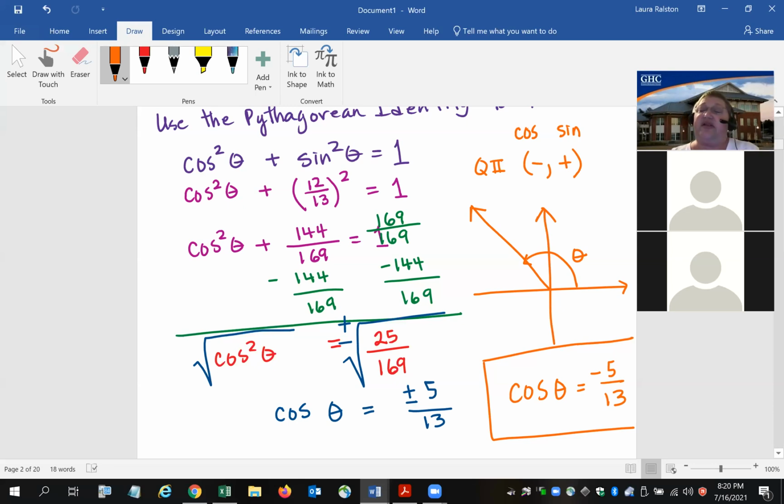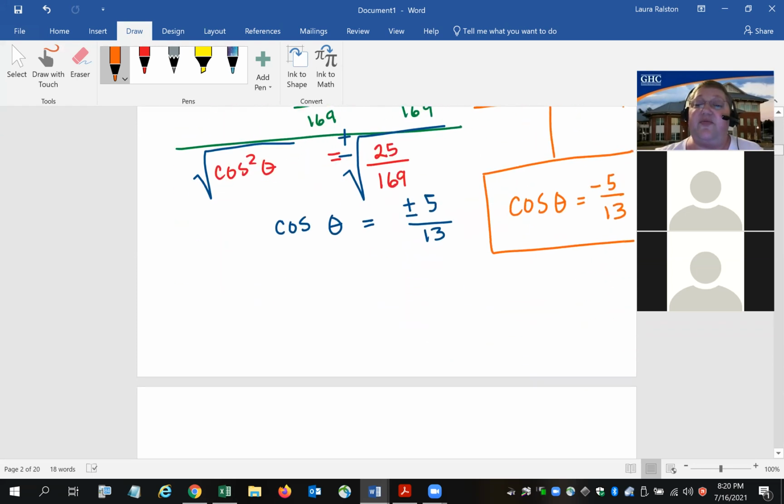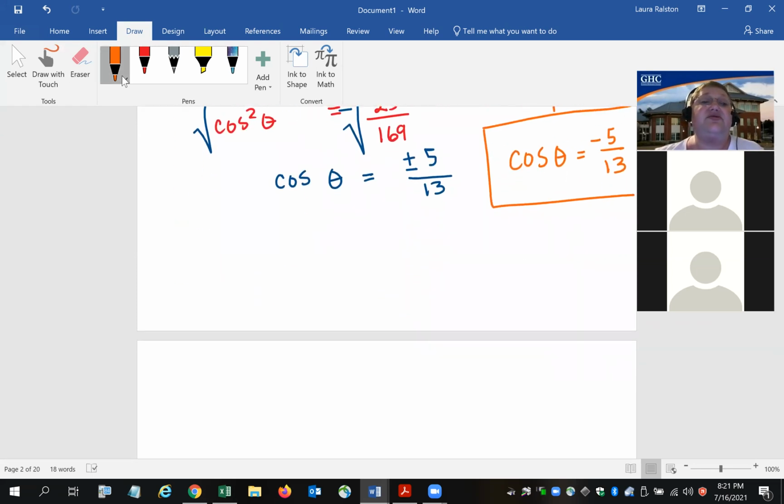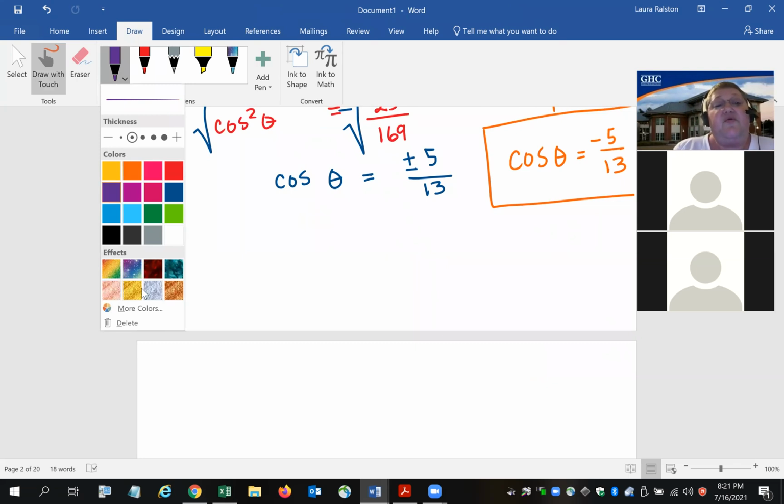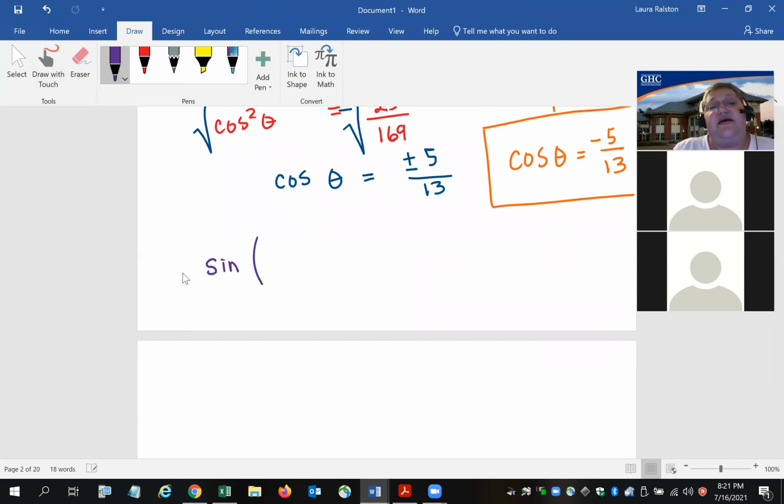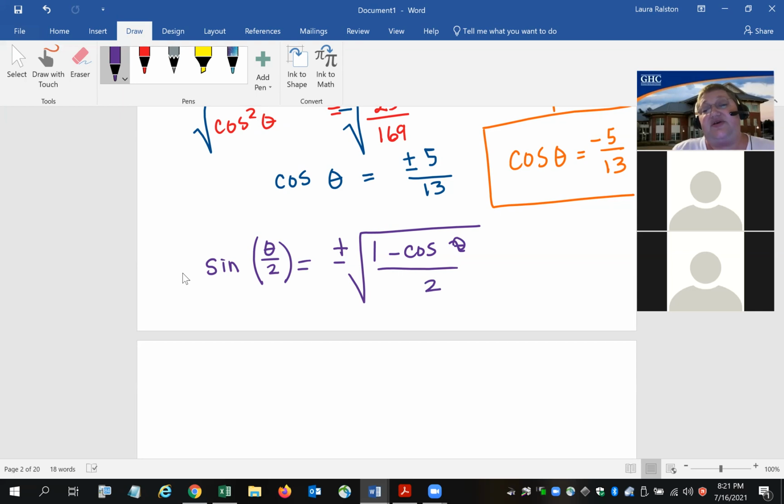See, I had to do that preliminary step of finding the cosine before I can even think about plugging into the half angle formula. Now I can plug into that formula, and I'm going to write it down again so you'll have it right here together. We have the sine of theta over 2 is plus or minus the square root of 1 minus the cosine of theta, over 2.